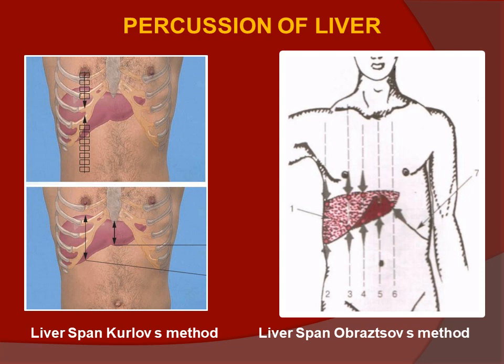The superior border of absolute hepatic dullness is determined on the right parasternal, midclavicular, and right anterior axillary lines by percussion on the intercostal spaces. In the norm, the superior border of absolute hepatic dullness passes on the right parasternal line at the level of the upper edge of the sixth rib, on the midclavicular line at the level of the inferior edge of the sixth rib, and on the anterior axillary line at the level of the inferior edge of the seventh rib.